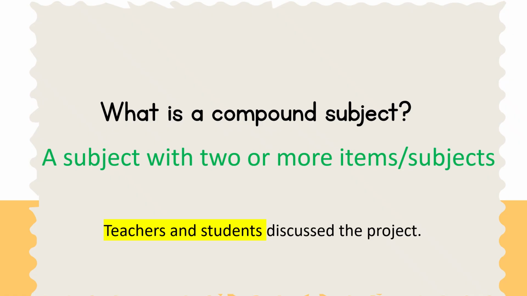Students is another mini subject. These two mini subjects form one bigger subject, which is teachers and students. And we call this bigger subject, teachers and students, a compound subject.